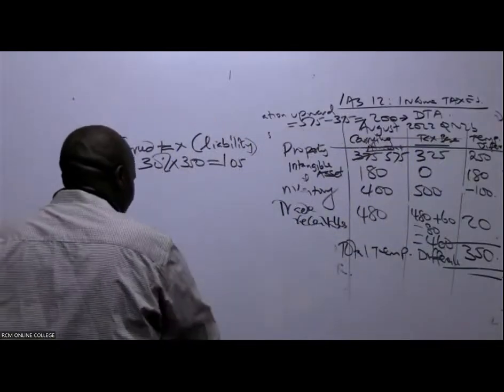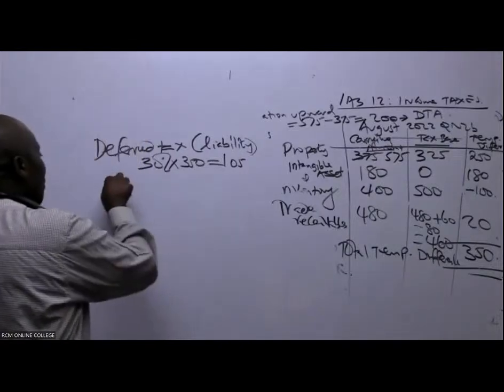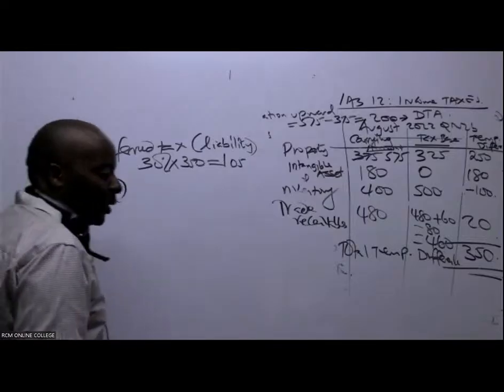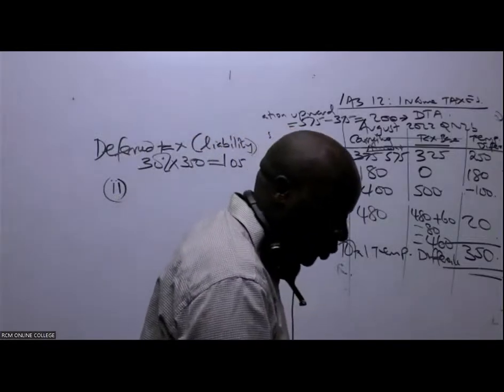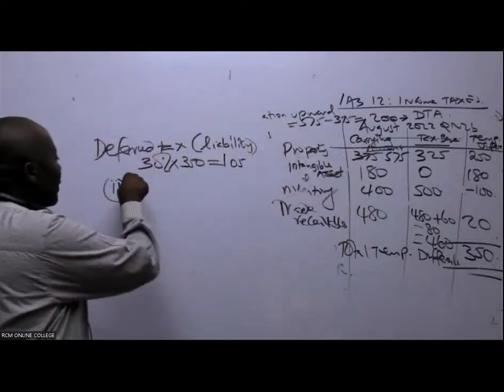Now, ladies and gentlemen, come here and do Roman 2. If you look at Roman 2 of this question, they want us to do a deferred tax account.